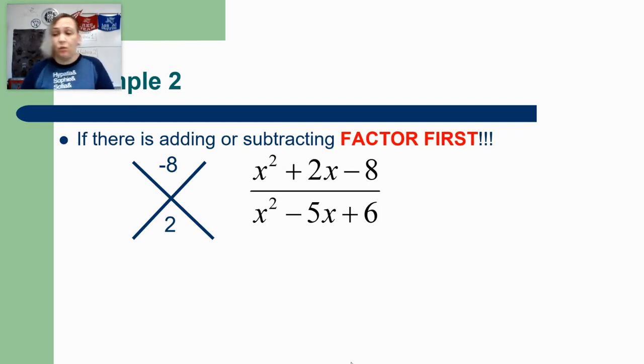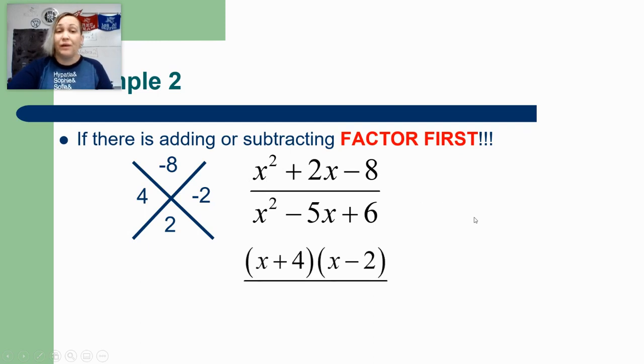And so in this problem, we want a +4 and a -2. 4 times -2 is -8, and 4 minus 2 is +2. Now this one does not have a leading coefficient. There's not a number in front of the x squared. So I can go straight to my parentheses. So one of my parentheses will have an x plus 4, and the other one will have an x minus 2.